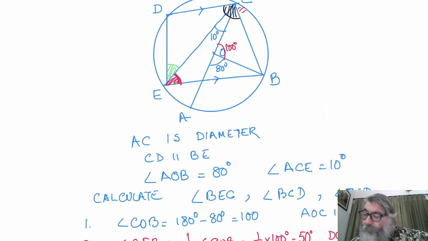This arc CB is subtending angle COB at the center, and the same arc is subtending angle BEC at the circumference.